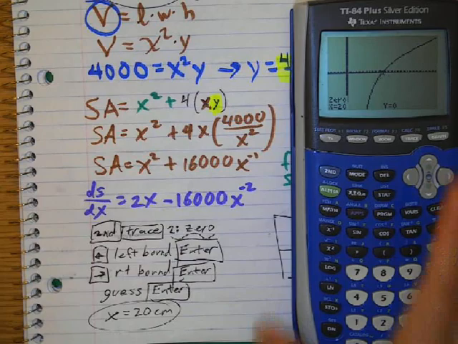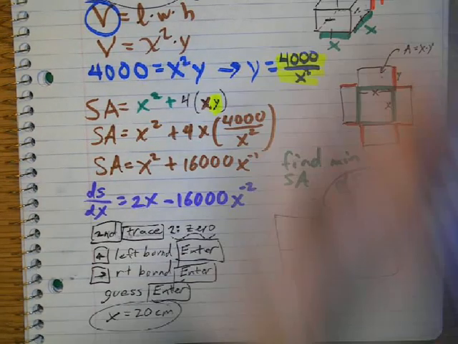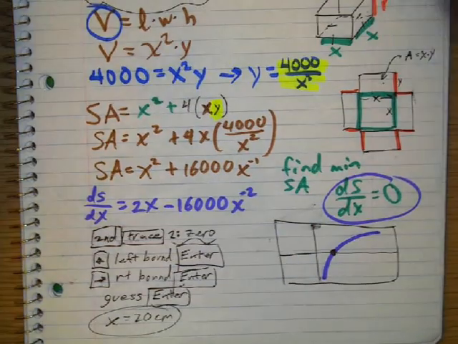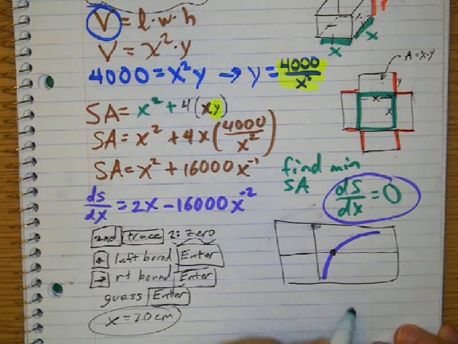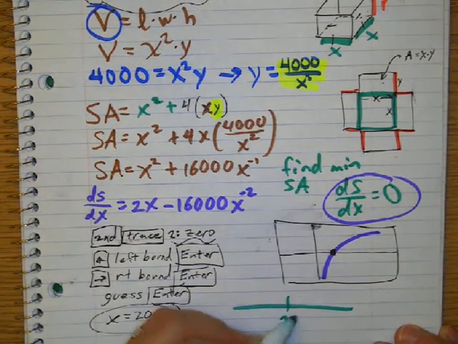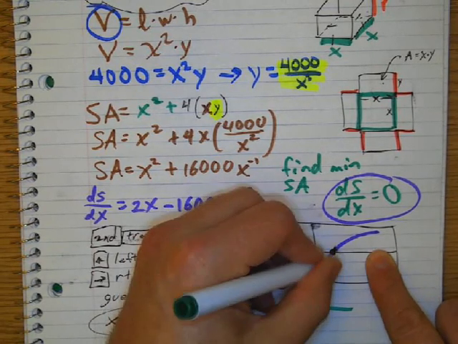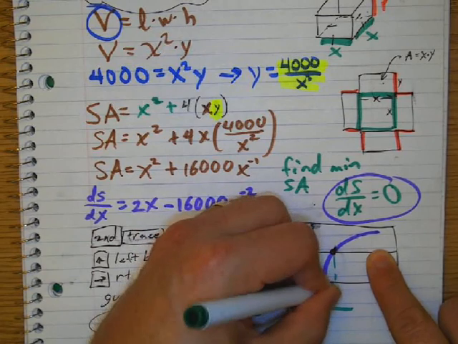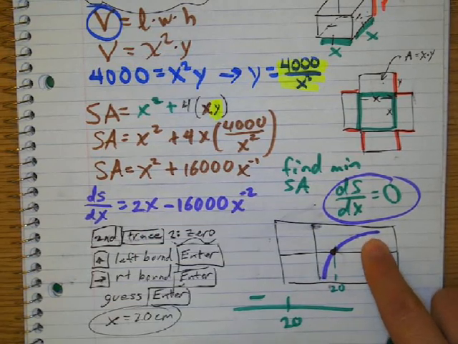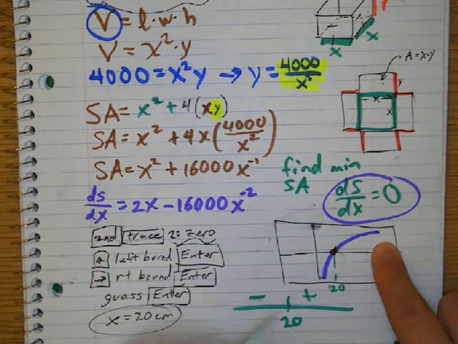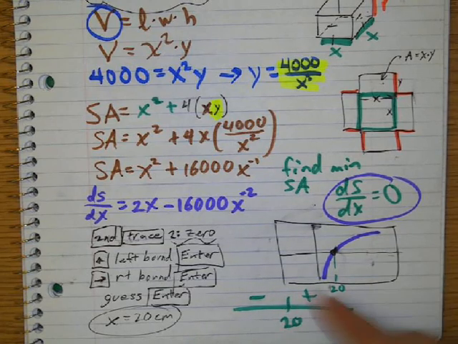Okay, and if I want to do a sign diagram, that might help me figure things out here. Because if I do a sign diagram, then we know at 20, to the left of 20, I've got negative values here. To the right of 20, I've got positive values. So remember, this is the graph of the derivative.